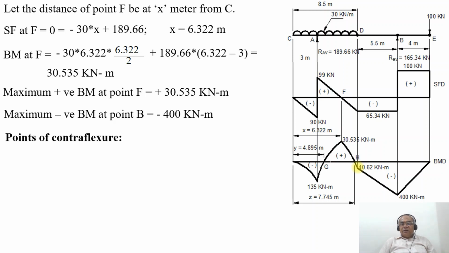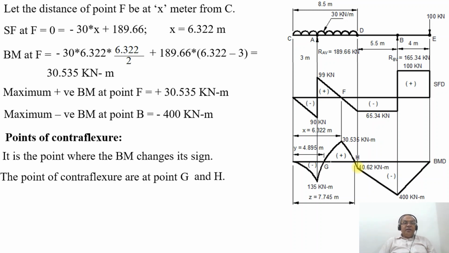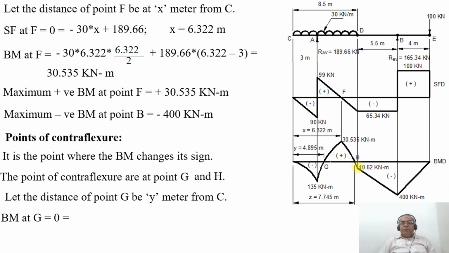Now the point of contraflexure comes into the picture. It is the point where the bending moment changes its sign. The points of contraflexure are at points G and H. Let the distance of point G be y meters from C. Bending moment at the point G will be equal to 0.